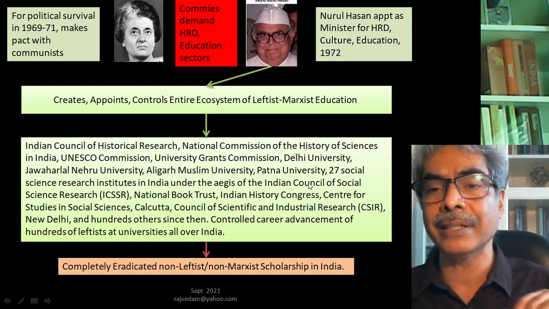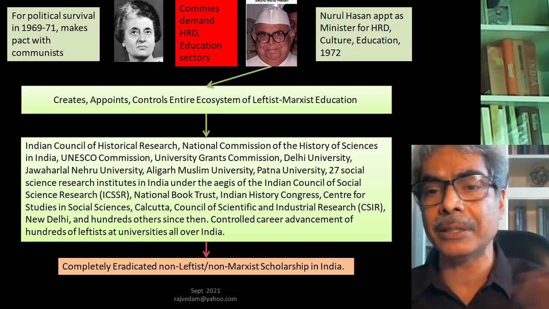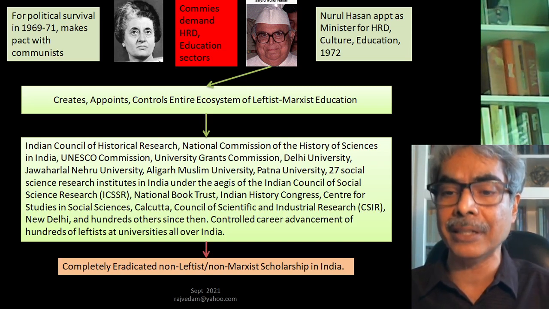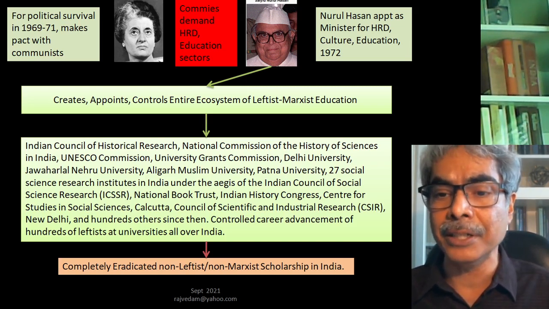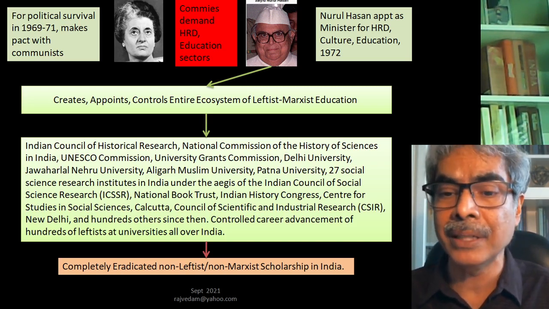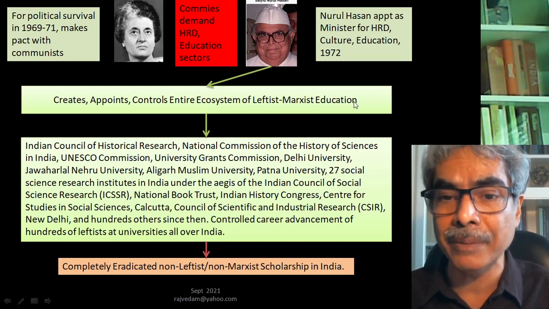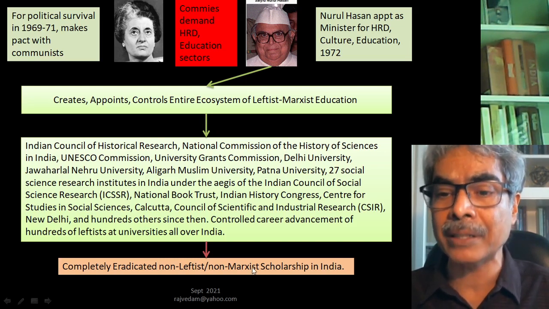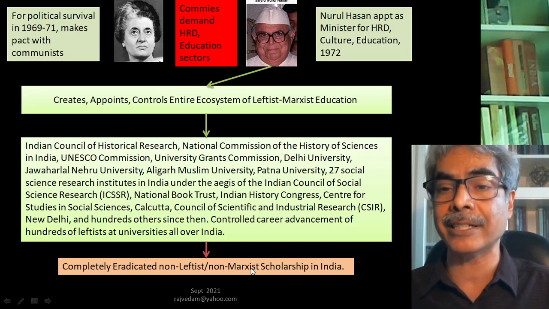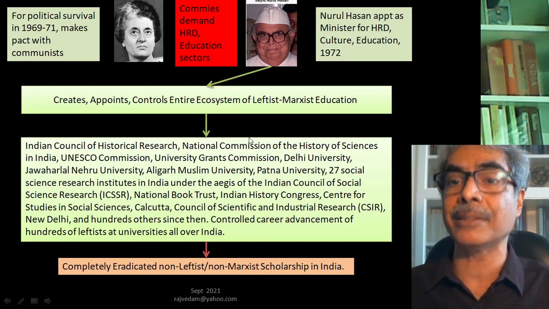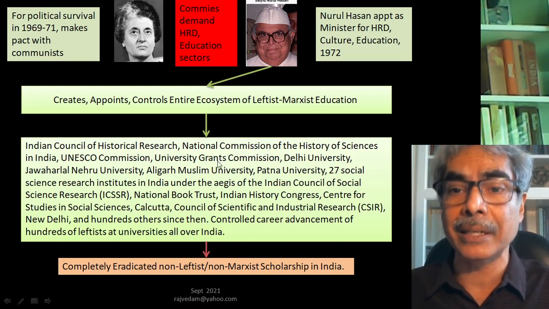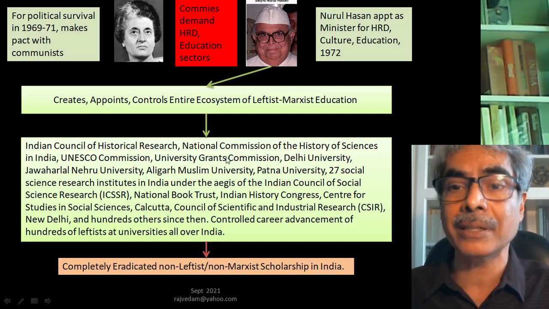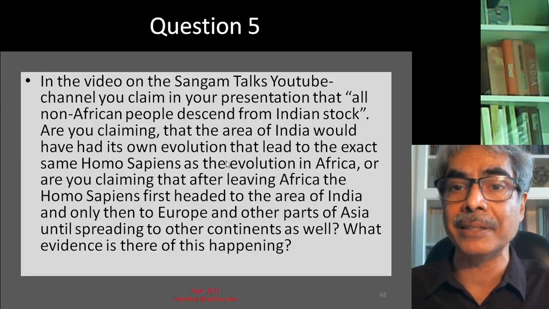What we have seen is that Indian thought has entirely gone out of education in India or in USA or Europe or elsewhere. And what we are seeing is that predominantly socialist Marxist scholarship survives in textbooks and other areas. This is what we are seeing today. So I hope this addresses your question, how the Marxist education system is present in India.